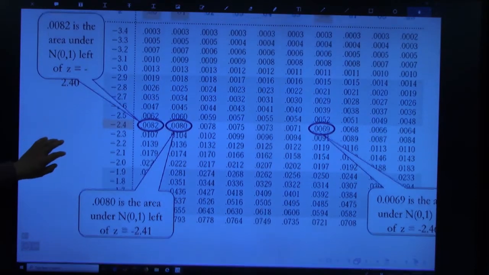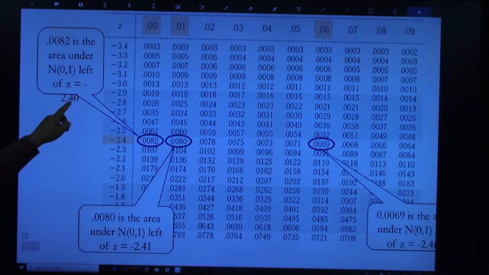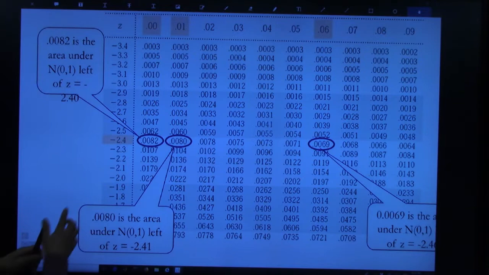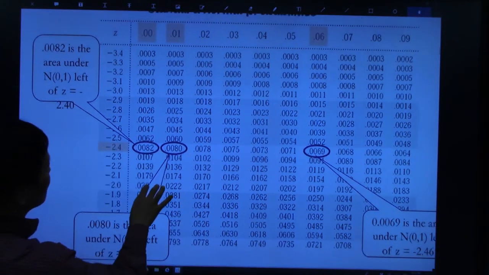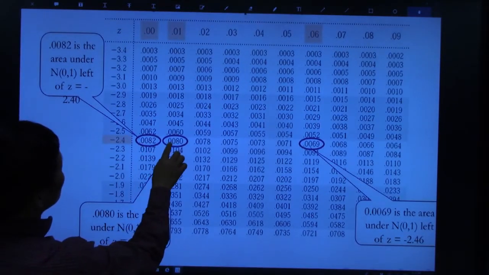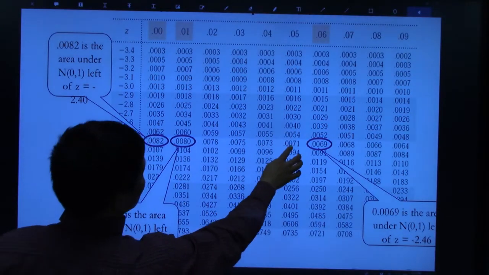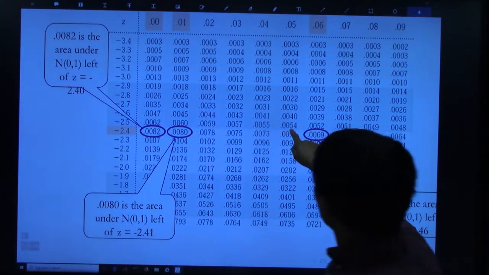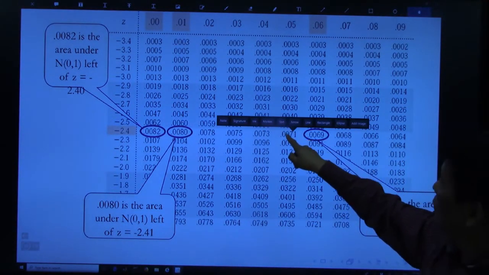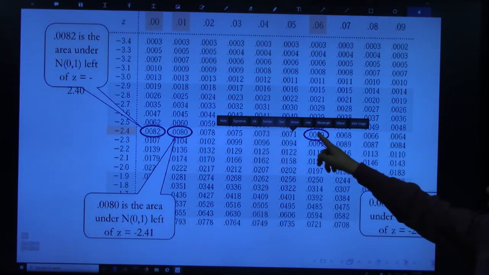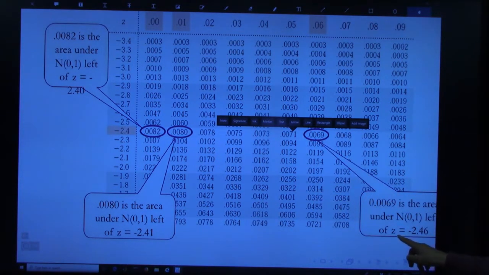Another one: how about negative 2.45? Negative 2.4 is here, and 0, 1, 2, 3, 4, 5 is here. So this number corresponds to negative 2.45, and this number corresponds to z equals negative 2.46.